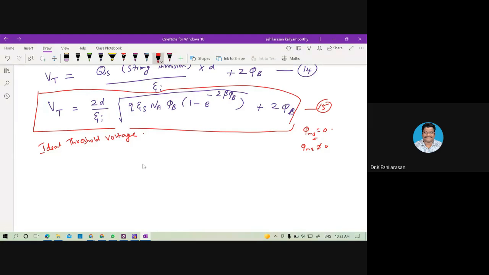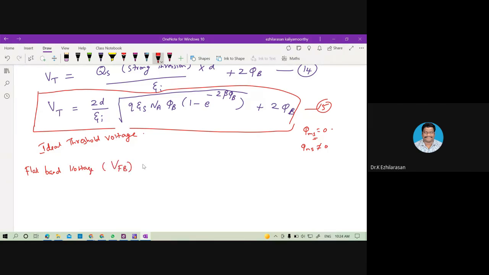Those are the mobile ionic charges, the fixed oxide charges, the interface trap charges and the oxide trap charges. When V is equal to zero, we studied something called the flat band voltage, that is VFB.